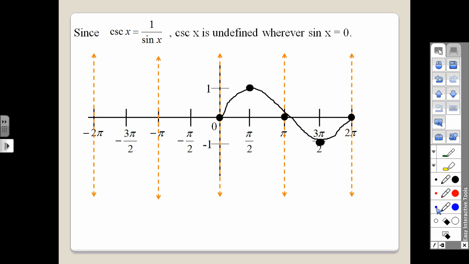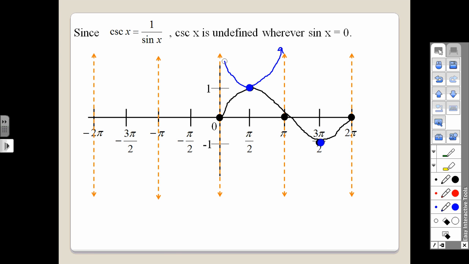What you're going to do now in order to get the curve for cosecant is every place that you have a maximum for your sine and a minimum for your sine, those are special points for your cosecant curve. And what you're probably going to end up thinking of them as are the vertices of something that kind of looks like a parabola, because these are going to be branches that head towards the asymptotes on either side.